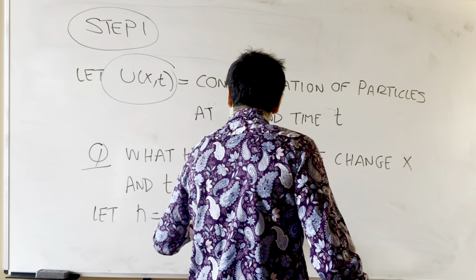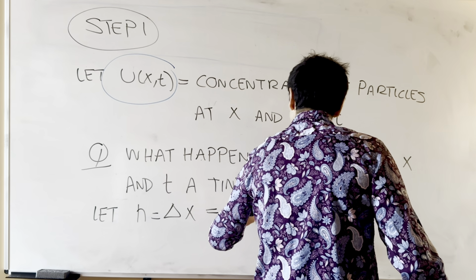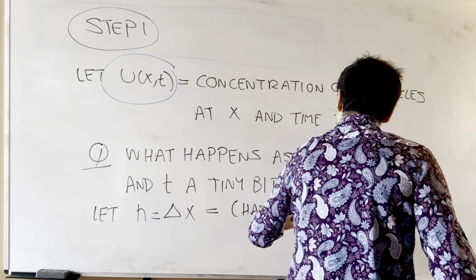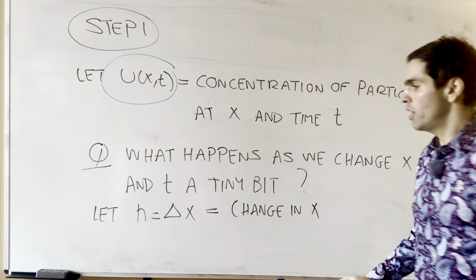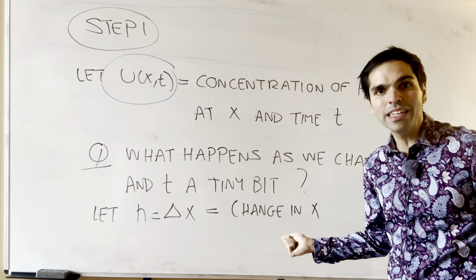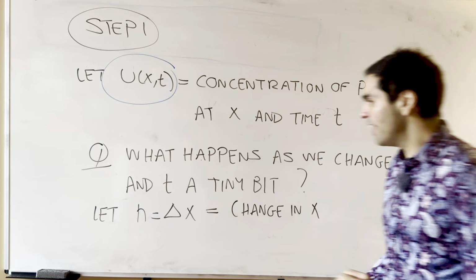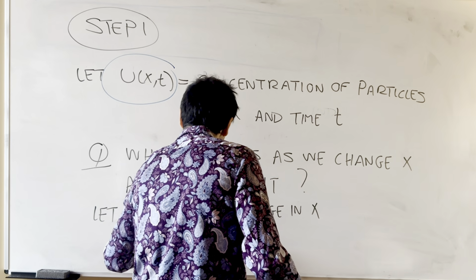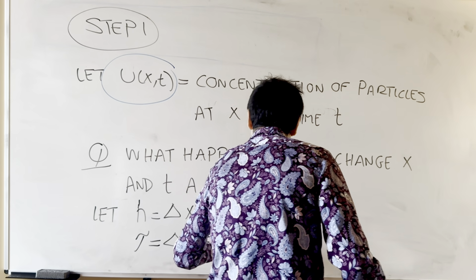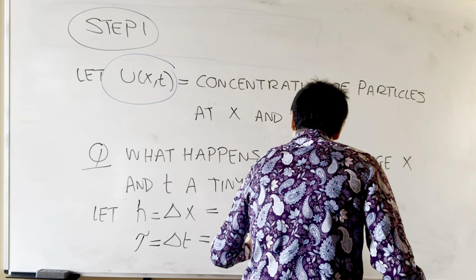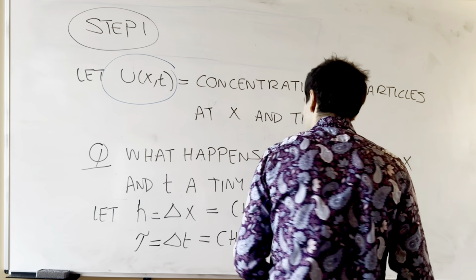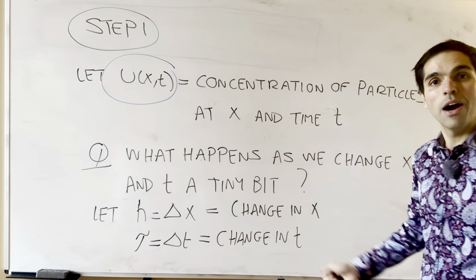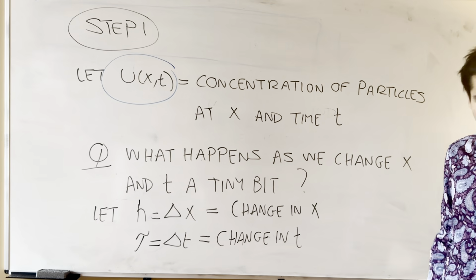So h is delta x, which is change in x. So let's say we move by 1 nanometer to the right. And tau, which is delta t, which is the change in time. So let's say we wait a millisecond and see what happens.